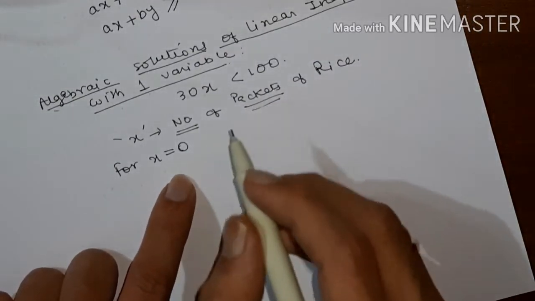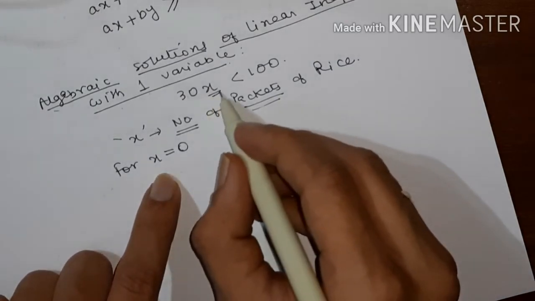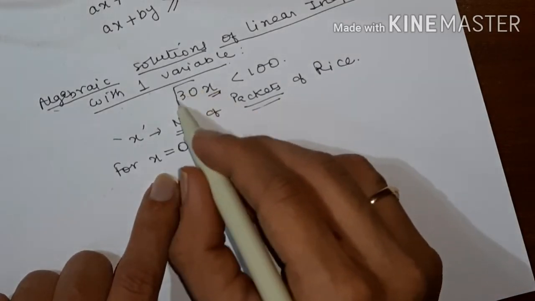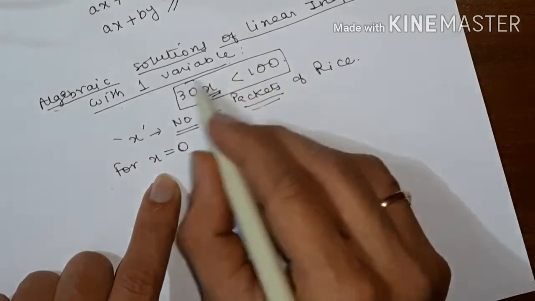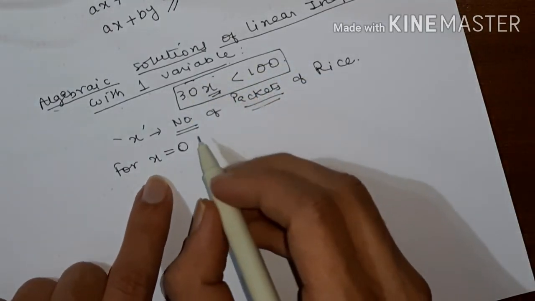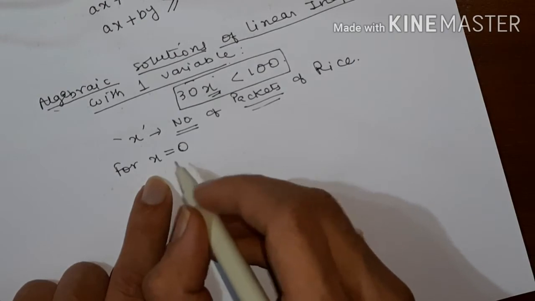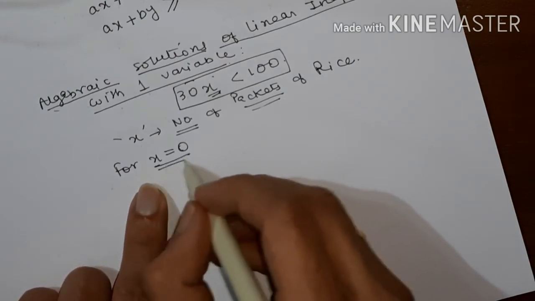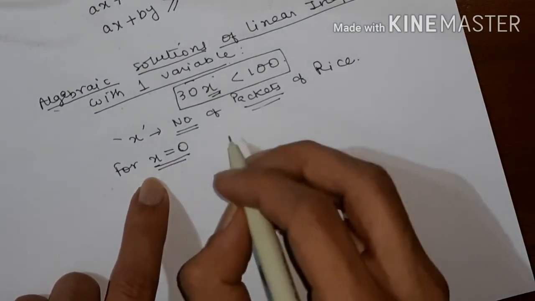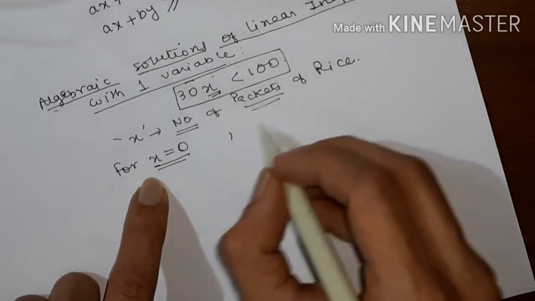What we are looking at is x for which the inequality is satisfied. So we are starting with 0 first.